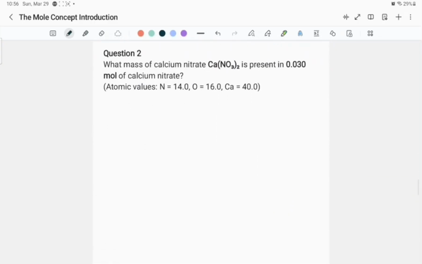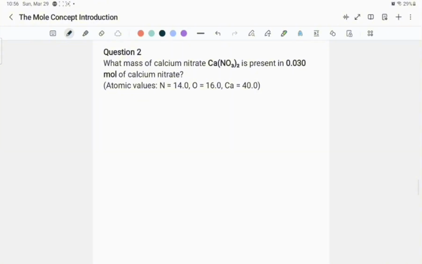The second question: what mass of calcium nitrate is present in 0.030 mole of calcium nitrate? This question is asking us about the mass, and moles are given, and we have atomic values to calculate the molar mass of calcium nitrate.